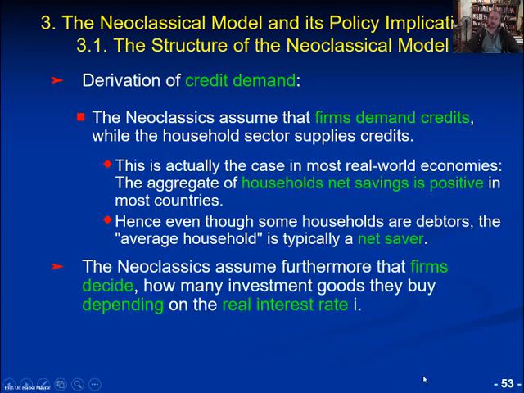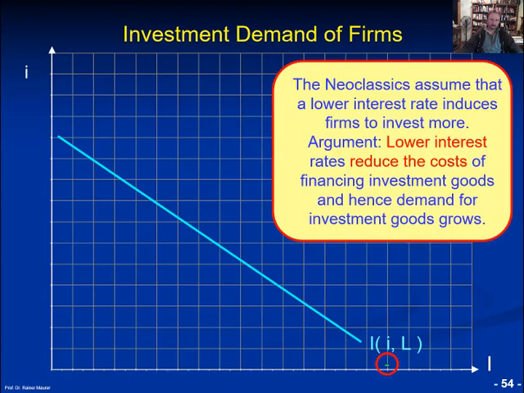The neoclassics assume furthermore that firms decide how many investment goods they buy depending on the real interest rate. They assume that a lower interest rate causes firms to invest more, because a lower interest rate reduces the costs of financing investment goods, and hence demand for investment goods grows.